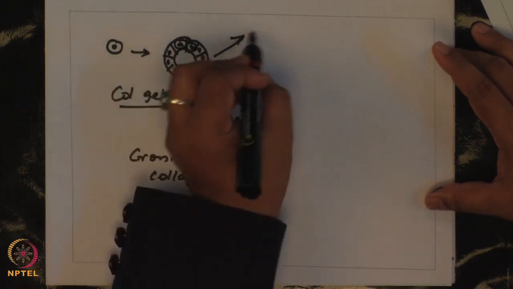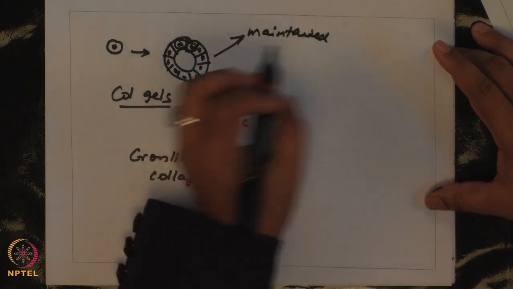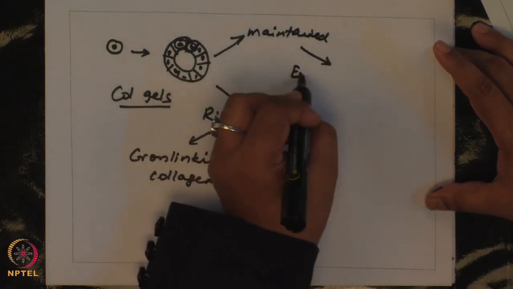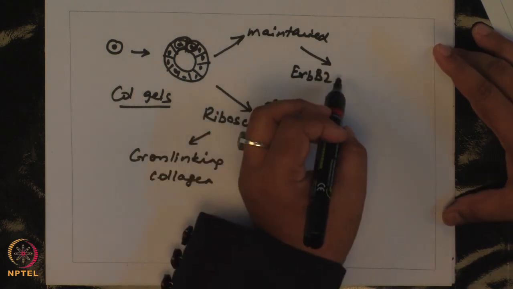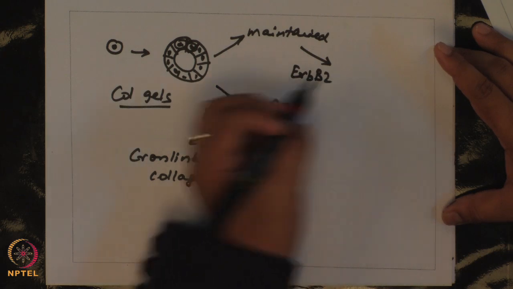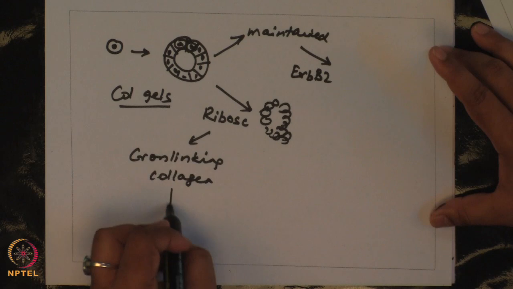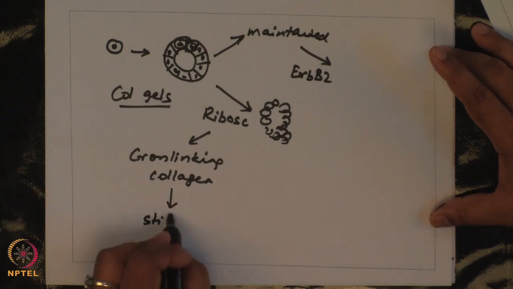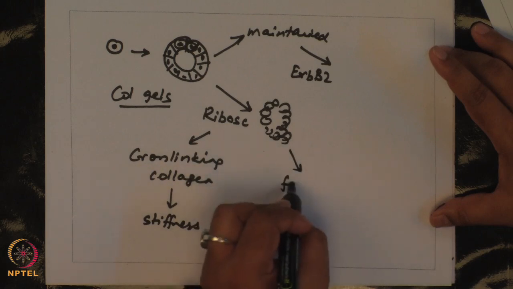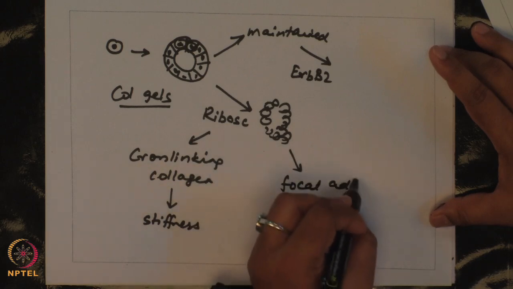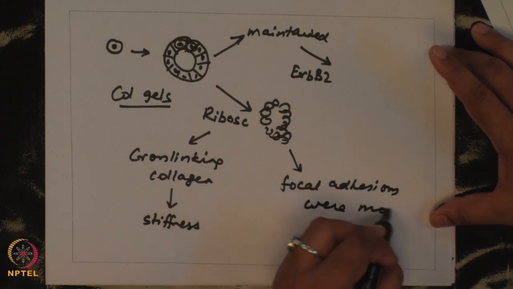In the control case this was maintained, but if they added ERBB2 activation, again the structure started to fall apart. And in all these cases, when they added the ribose, so cross linking collagen means increase in stiffness, focal adhesions were more prominent.